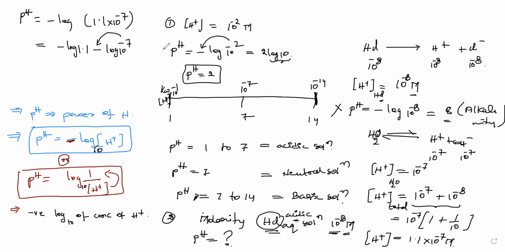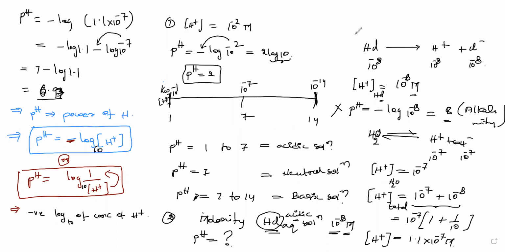Minus 7 will come from here, 7 log 10. 7 log 10 means we can take 7 minus log 1.1. That's why we'll get approximately the pH of this as 6.97.